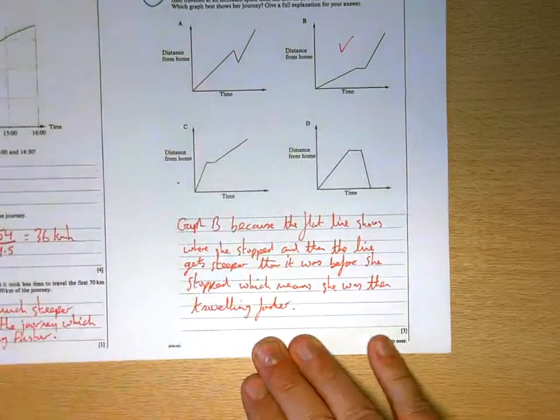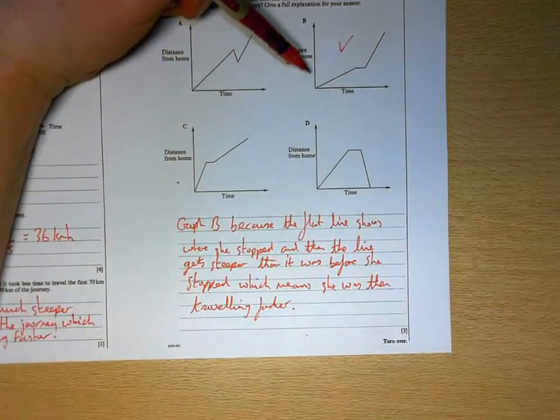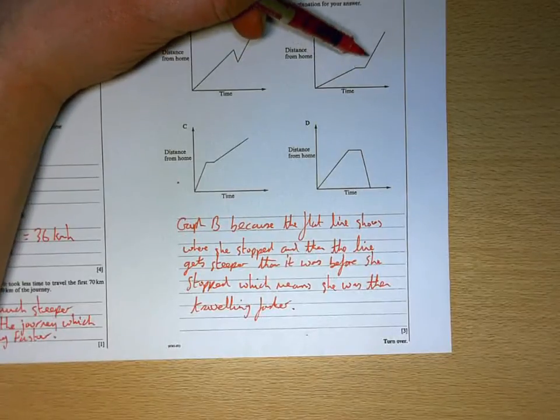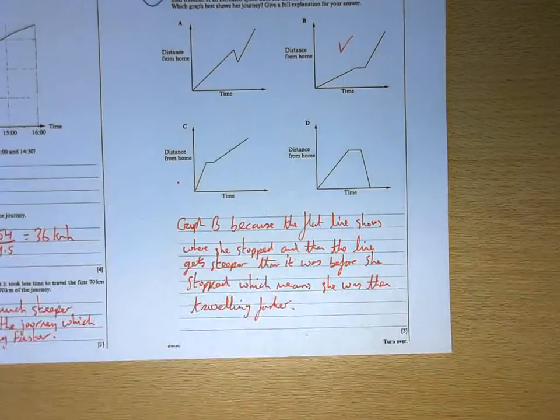And that's your full explanation. You're talking about the stop and then comparing the steepness of the lines before and after the stop.